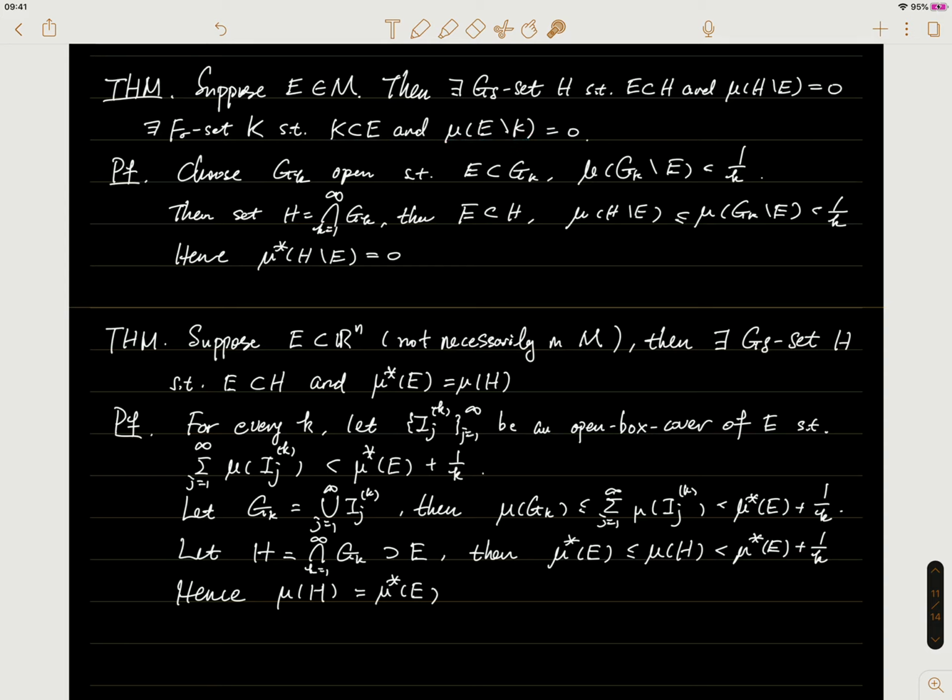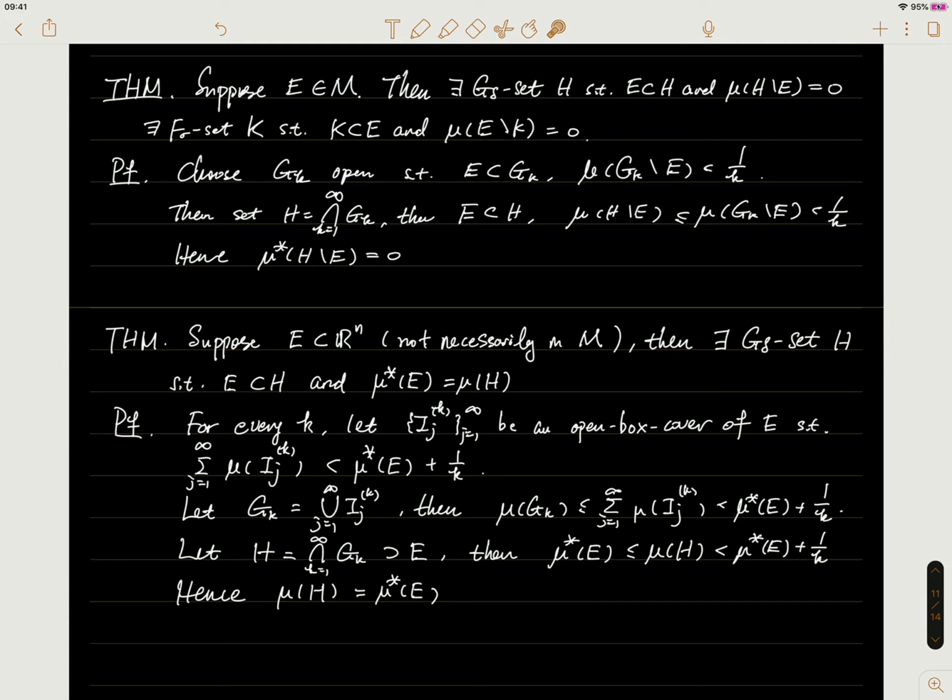So it's like you have E here, but you can find a G delta set which encloses E very tightly, so that the measure is 0. Similarly, you can use the K to be included in E, and the K is inflated so large that the measure of the difference is also equal to 0.